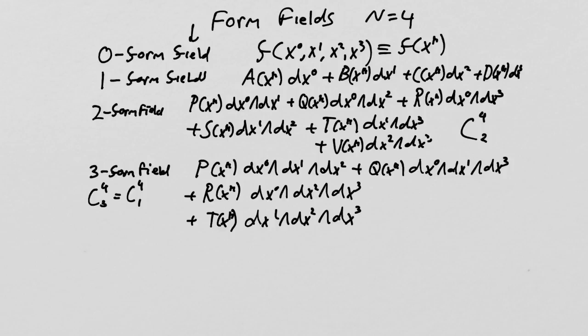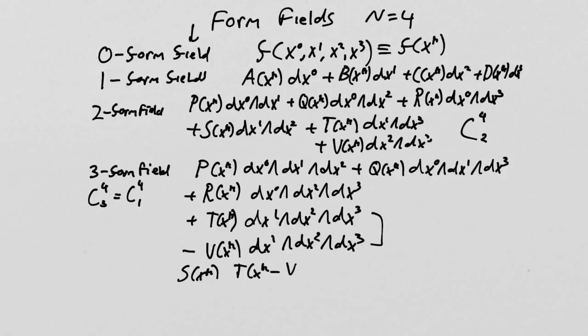In other words, if I added, say, plus V x mu, and I went with dx2 wedge dx1 wedge dx3, what I would realize is that this is just a permutation of that, and in fact, in this particular case, it is an odd permutation, so I would just change the sign, swap the indices, combine these two, and create a new coefficient, S x mu, which was equal to T x mu minus V x mu, like that.